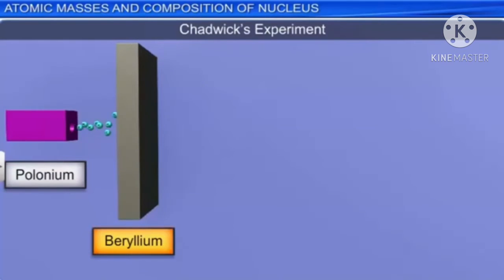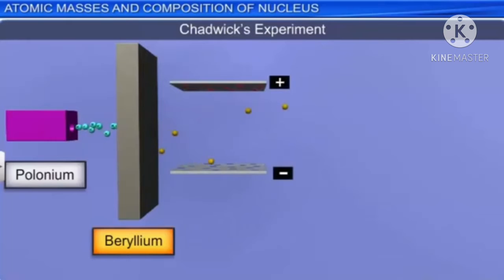The particles emitted from beryllium were found to have carbon nuclei along with some neutral particles. The neutrality of these emitted particles was tested by passing them through the region between the charged plates of a capacitor, where they were found to be neutral.